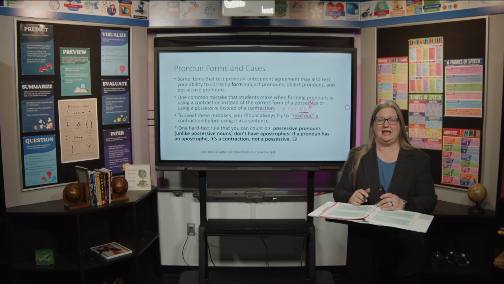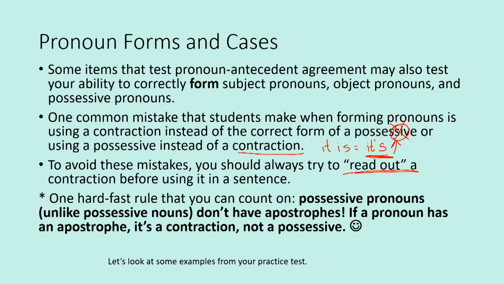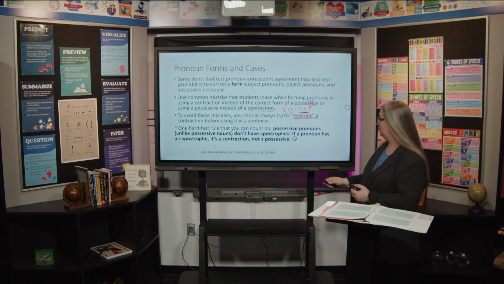Can I say that one more time? A possessive pronoun will never have an apostrophe. An apostrophe on a pronoun will always be a contraction. And a contraction is two words, has a subject and a verb. Always, always, always. Hammer that in as much as you can.